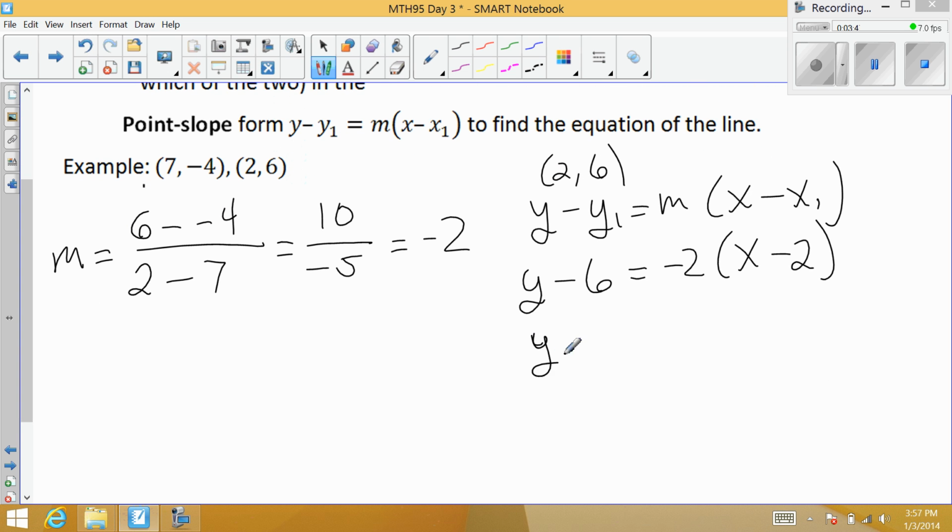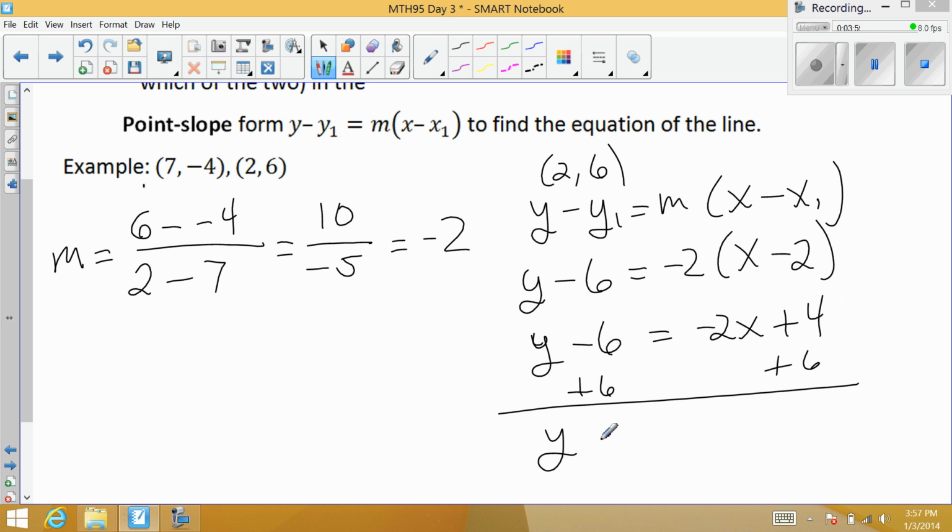And then simplifying, y subtract 6 equals, distributing, we'll get -2x. -2 times -2 would be +4. We'll add 6 to both sides. And we get our new equation. It will be simply y equals -2x plus 10. And that will be the equation of the line going through those 2 points.